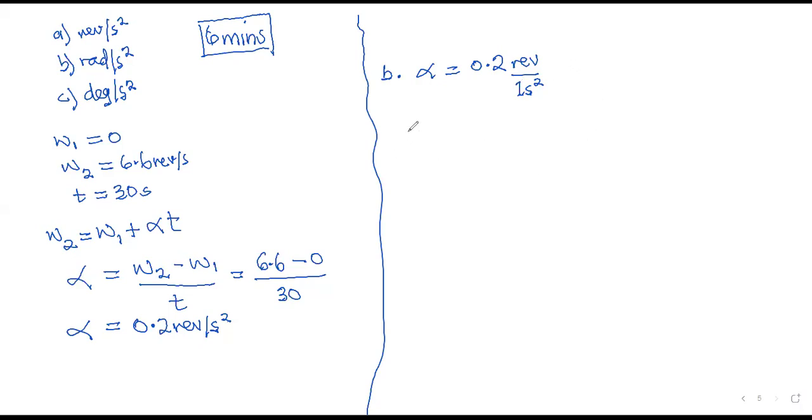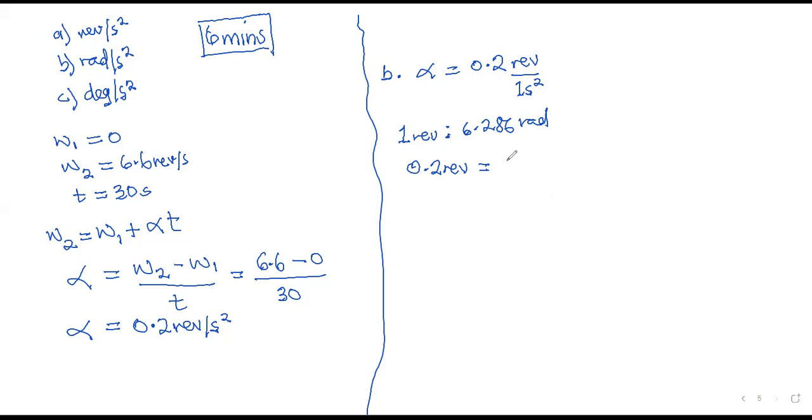So if one revolution is to 6.286 radian, what will be 0.2 rev? Will it be more or less? If 1 rev is equal to 6.286 radian, what will 0.2 give us? Will it be more or less? Less. It will be less.